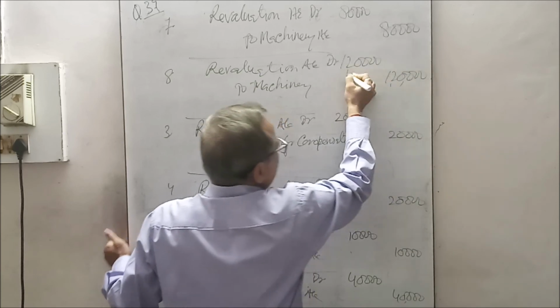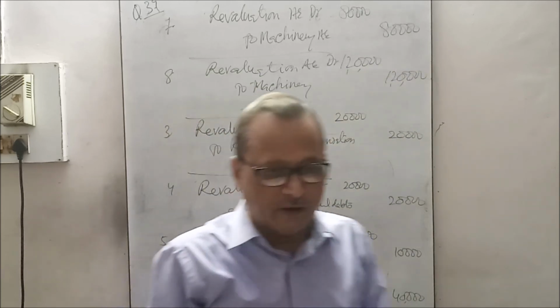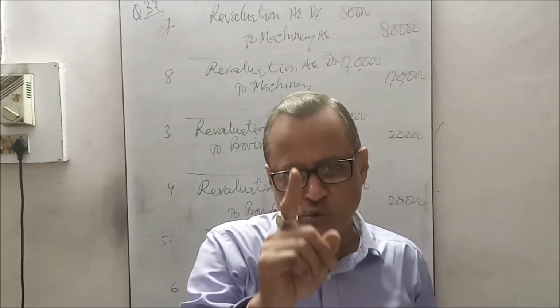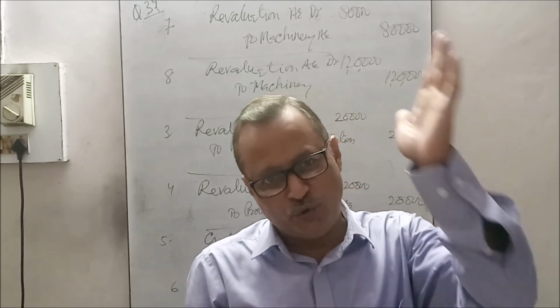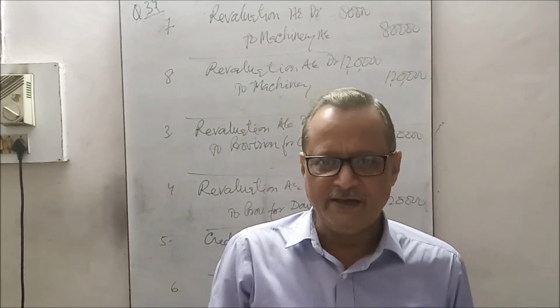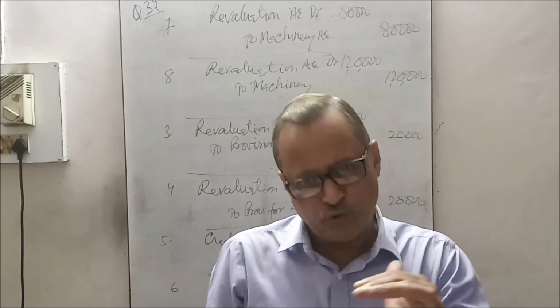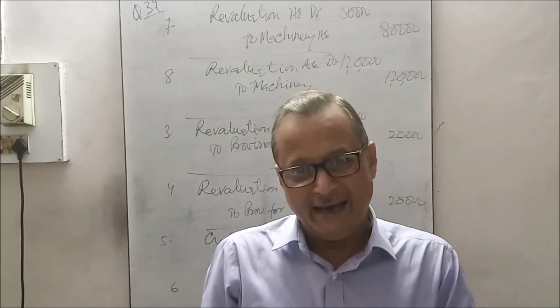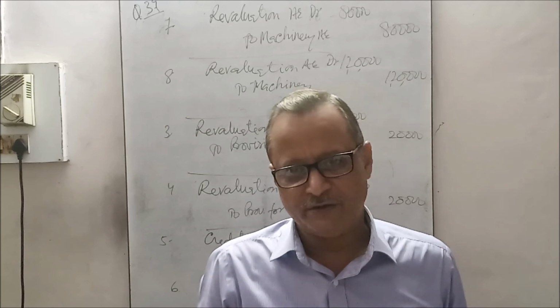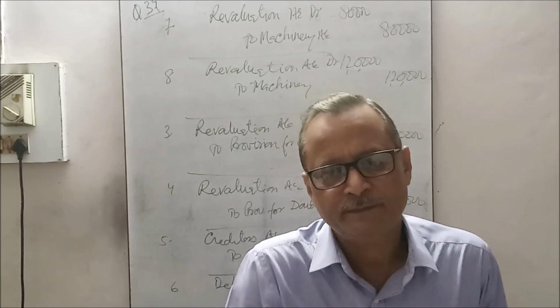While solving the question, you must keep in mind the effect of the words to and by. If it is written to this figure, then up to that amount you have to bring it. By that amount it should be decreased. This is the revaluation account.